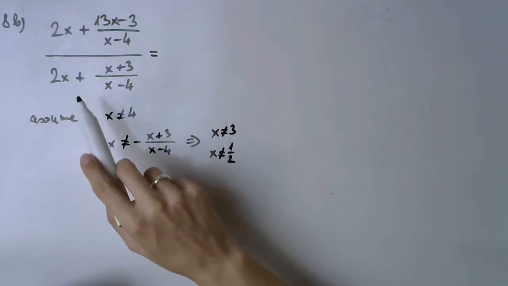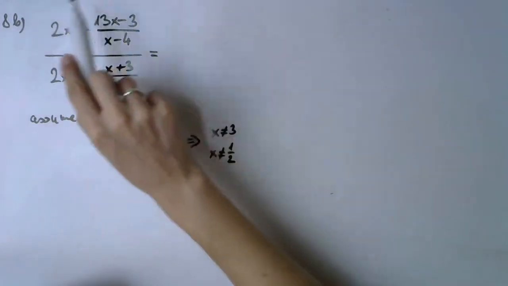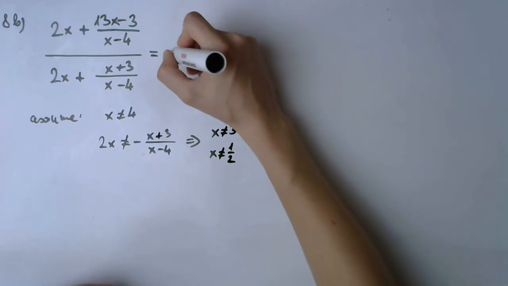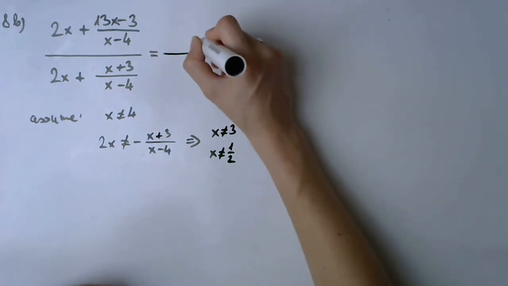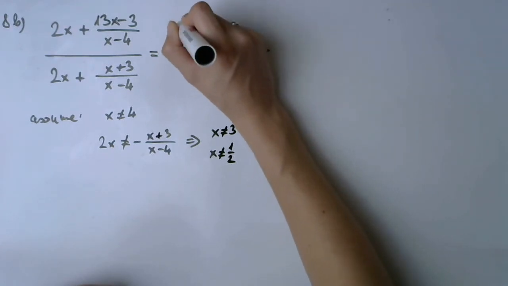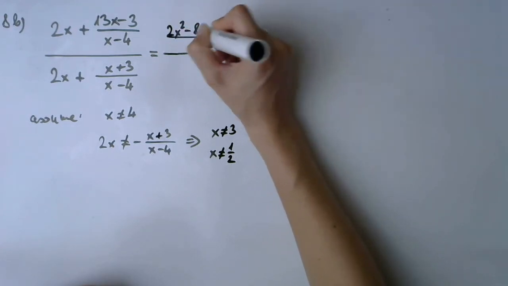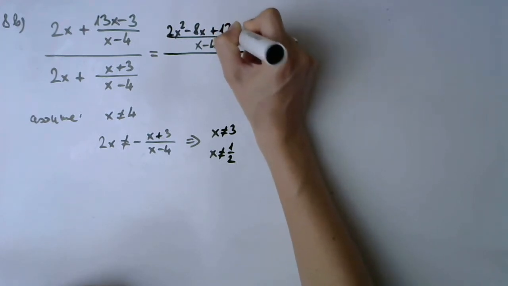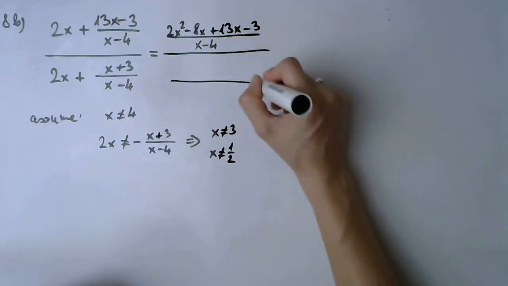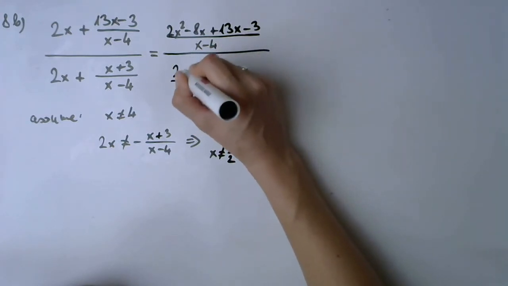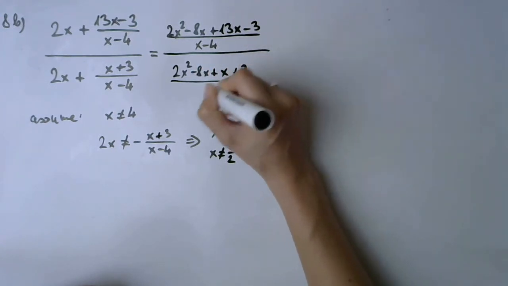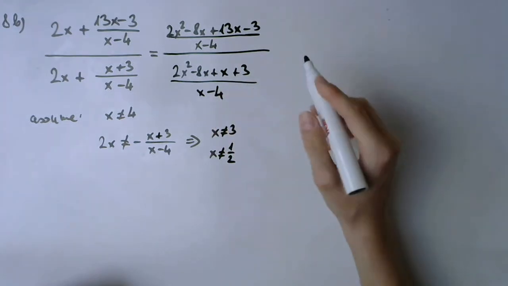I will unify these expressions. The common denominator is x minus 4 in both cases, so both in the top fraction and in the bottom fraction. In the top fraction, we have 2 times x squared minus 8x plus 13x minus 3. In the bottom fraction, we have 2 times x squared minus 8x plus x plus 3 divided by x minus 4.